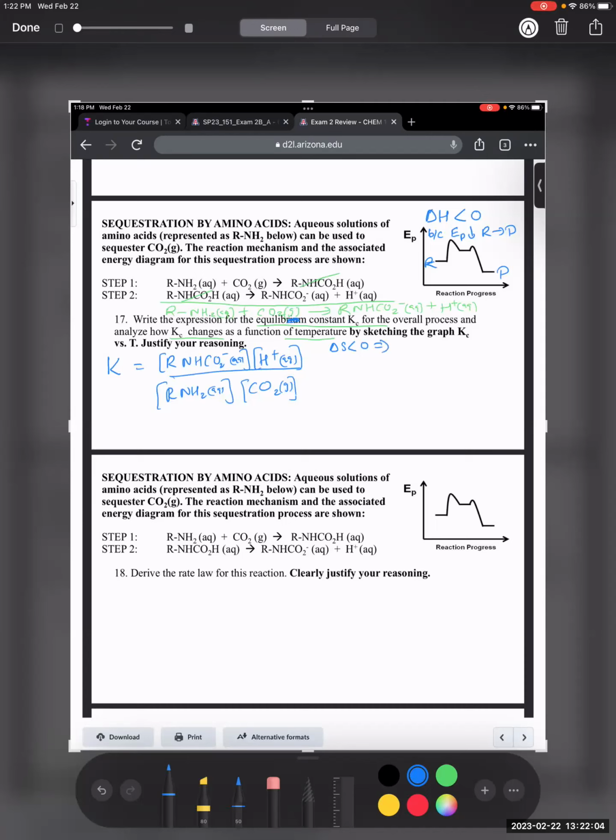Why is delta S negative? Because we are going from higher entropy to lower entropy. Reactants have a higher entropy than the products.